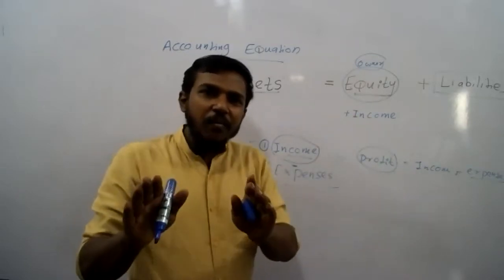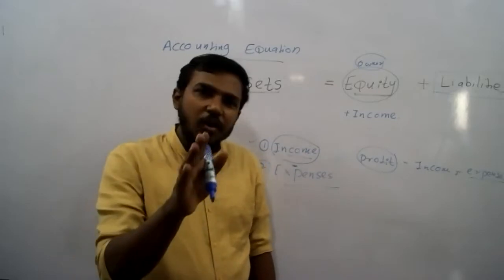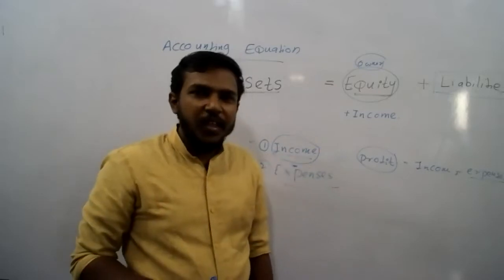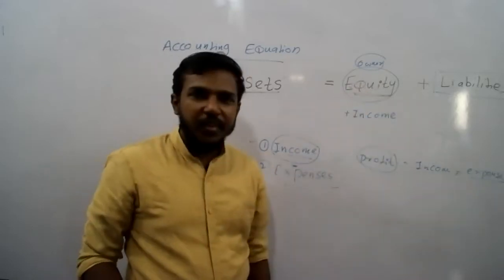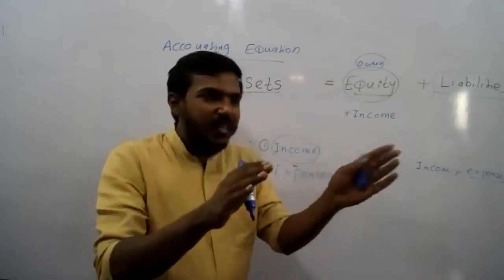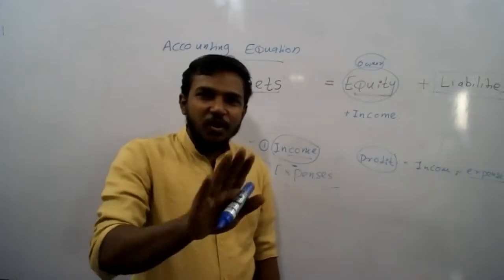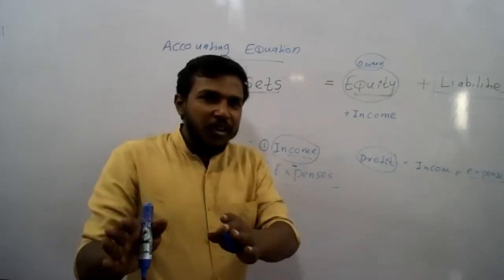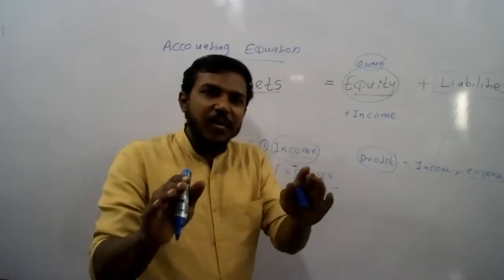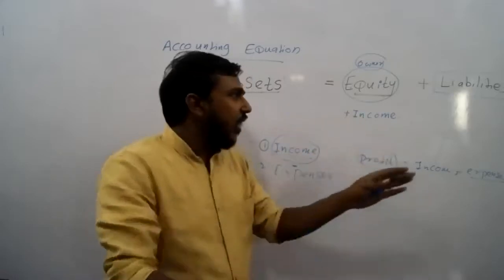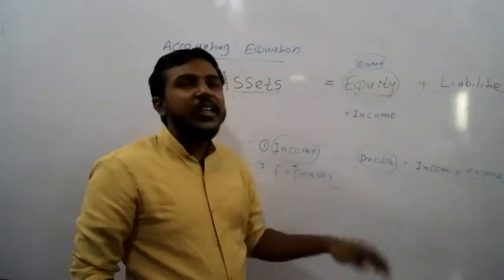If there is any income, the owner wants to keep it for himself. Why he is starting a business is to earn income. So first, he's not going to share that income with the employees or his friends. First the owner will allocate that income for himself. So if there is any income, you have to add it to the equity.